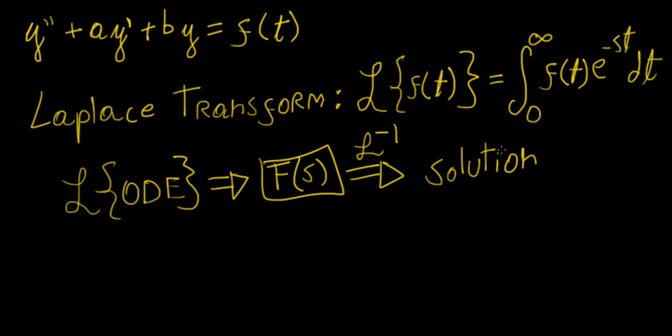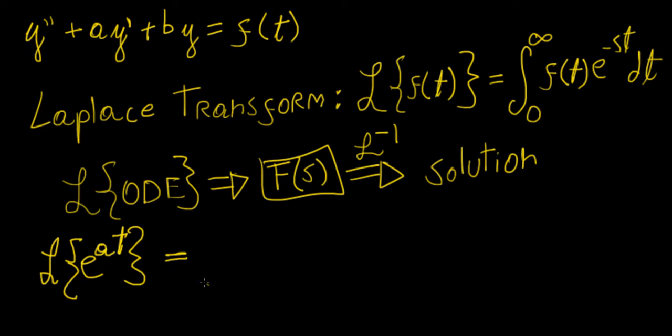That's quite a neat property because there are a lot of results and tables on Laplace transform pairs and inverse Laplace transforms. So if we have any functions that are very common, we can simply use tables to find the solutions rather quickly. Just to illustrate how this works, I'm going to show you what happens when we take the Laplace transform of the function e to the power of at.